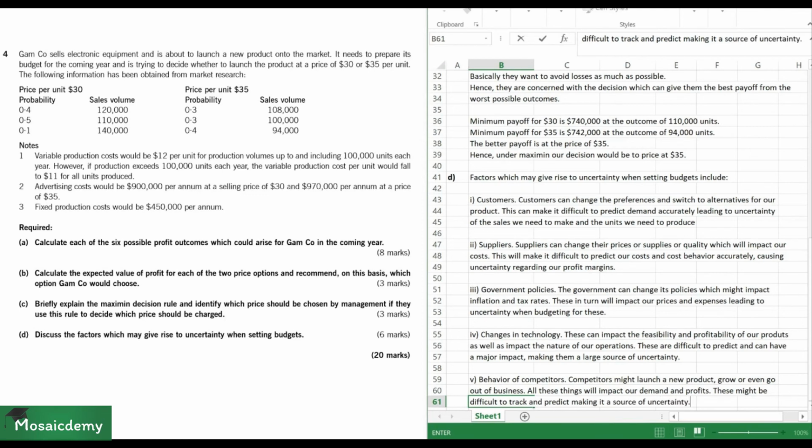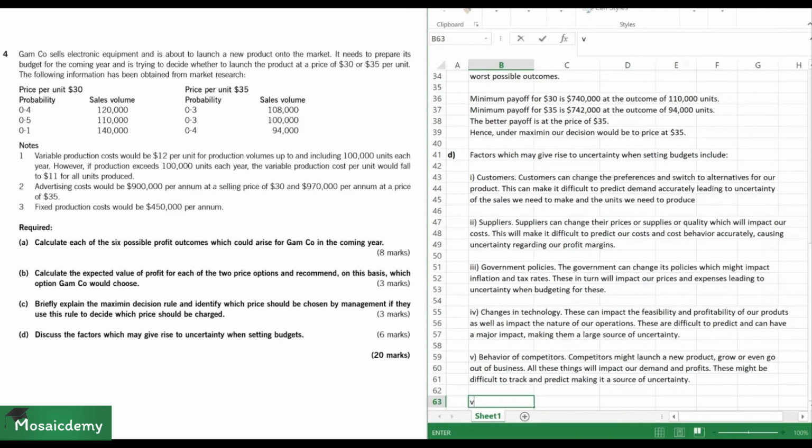Okay, last point and we're done. Point number 6. So we've talked about technology, we've talked about government policies, customers, suppliers, behavior of competitors. What other sources of uncertainty can we have? Right, we can have social changes, which are quite relevant in this day and age, right, with the whole pandemic.